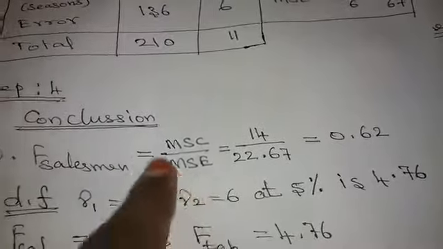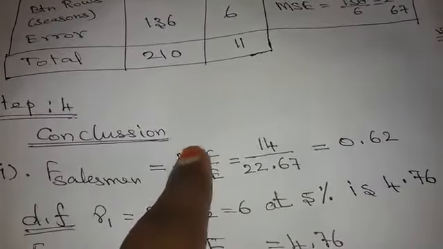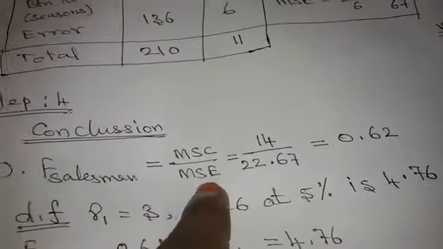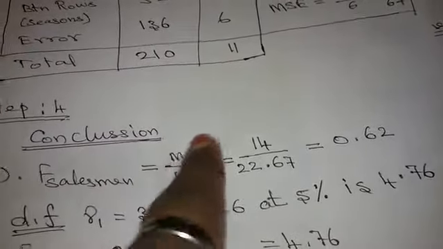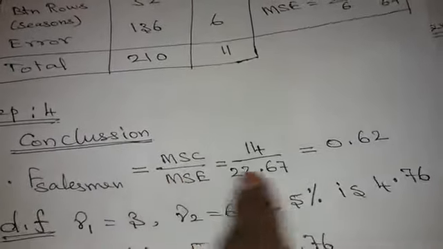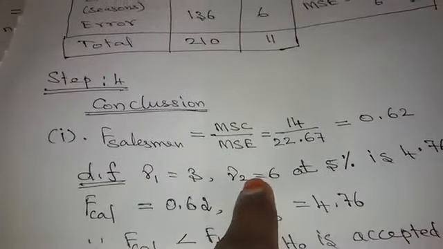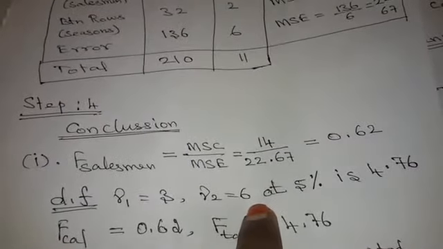And this is the formula to find out F. In your book, for this problem they have given MSE divided by MSC. But the original formula is this, so you can follow this one. Now degrees of freedom for this one: gamma 1 is 3, that is number of rows, gamma 2 is 6.